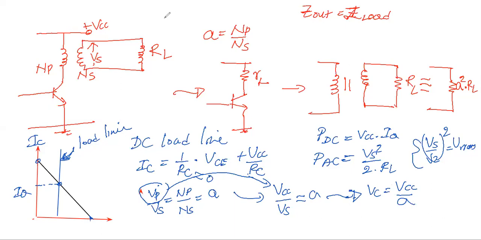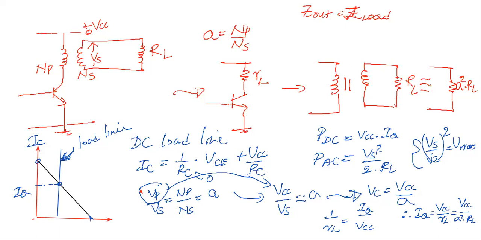And then 1 over RL, you can write down as IQ divided by VCC. Therefore, IQ becomes VCC divided by RL, or you can write down VCC divided by A squared into RL.